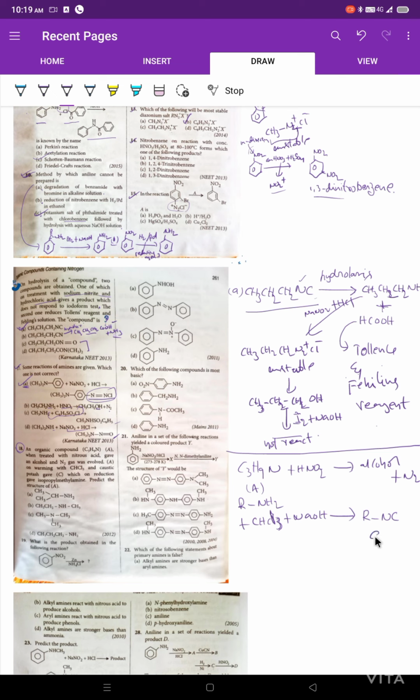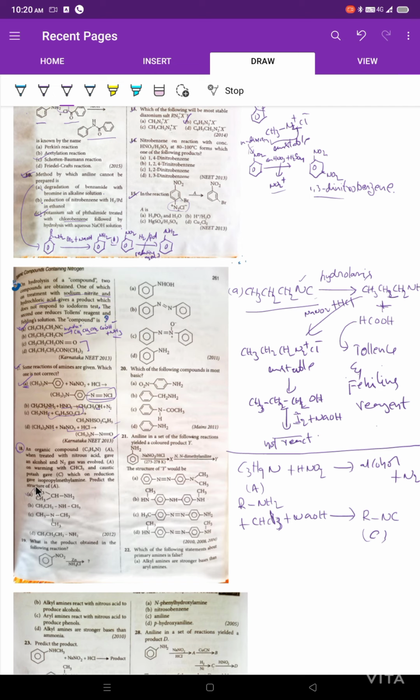C is this one, which on reduction gives isopropyl methylamine. Okay, on reduction you can get isopropyl methylamine.